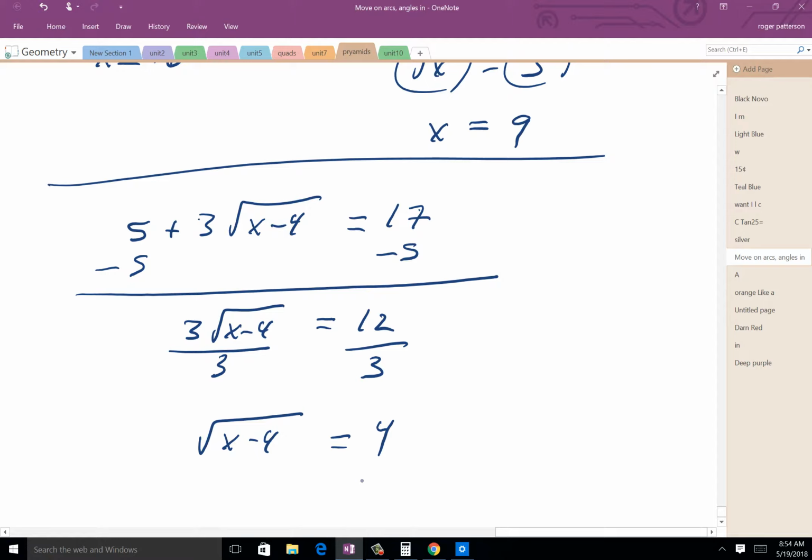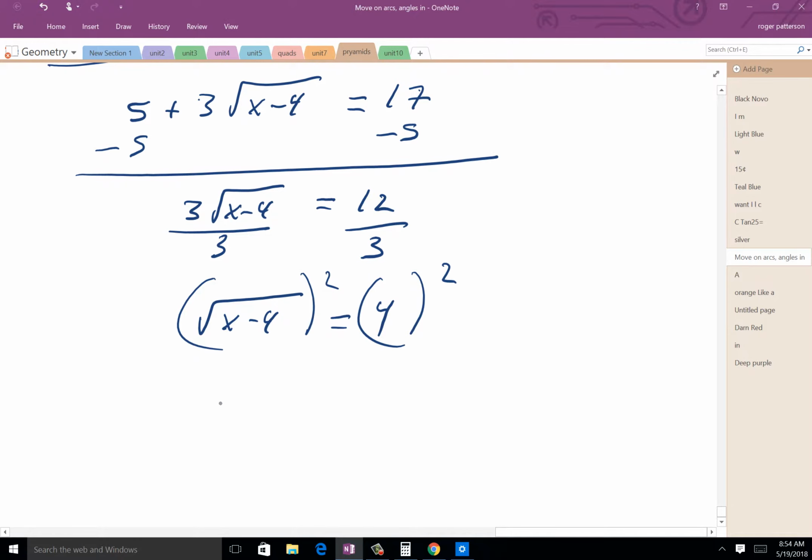Now here, okay, I can't do anything with this 4 because it's inside this radical, right? So I'm going to have to leave it until the end. I just added 4 here.